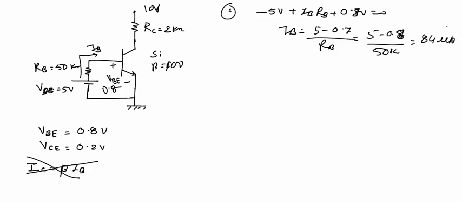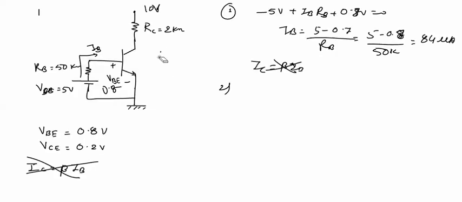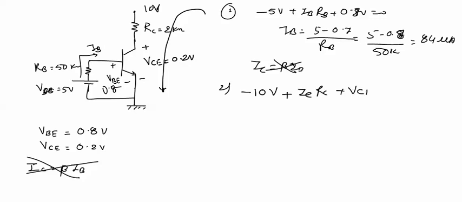Now to calculate the collector current, we cannot use the equation IC equal to beta into IB. It is not valid. To calculate this collector current IC, we already know the collector to emitter voltage VCE equal to 0.2 volt. So by applying KVL in this loop, we get the equation minus 10 volt plus IC into RC plus VCE equal to 0.